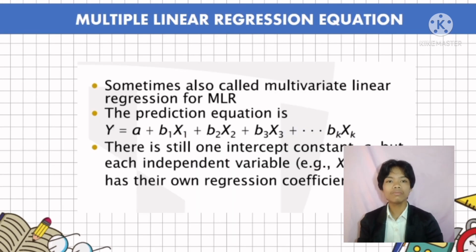So going to the equation, the multiple linear regression equation, sometimes also called multivariate linear regression for MLR. The prediction equation is y equals alpha plus beta sub 1 x sub 1 plus beta sub 2 x sub 2, and so on.